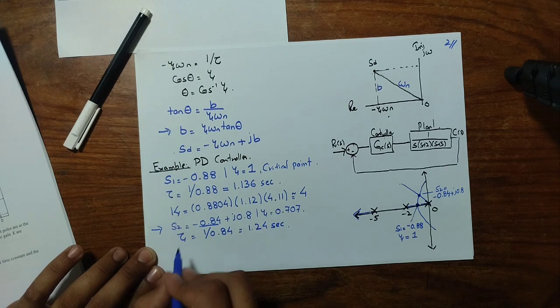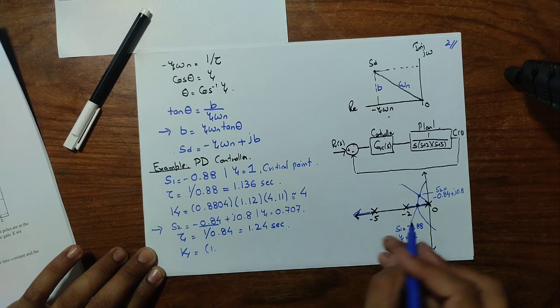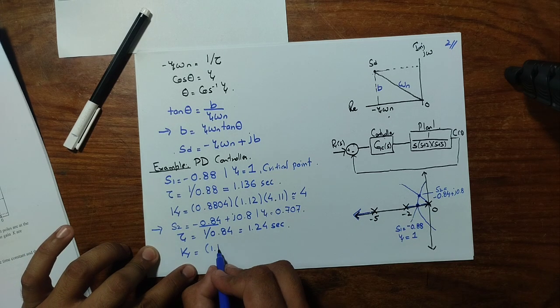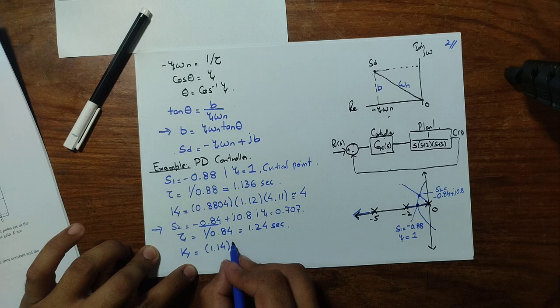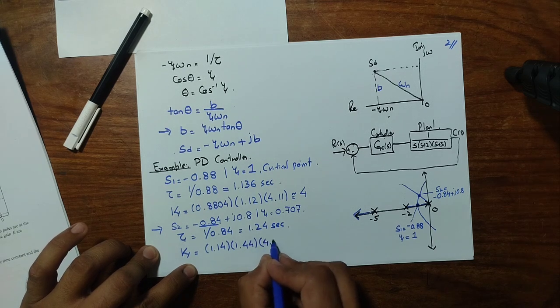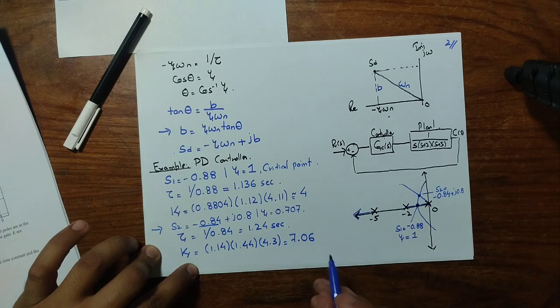Similarly, following the same procedure for the calculation of gain k, it implies that the contribution of each pole onto this point can be calculated using the vector lengths, and k is equal to 1 into 1.44 into 4.3, which is 7.06.